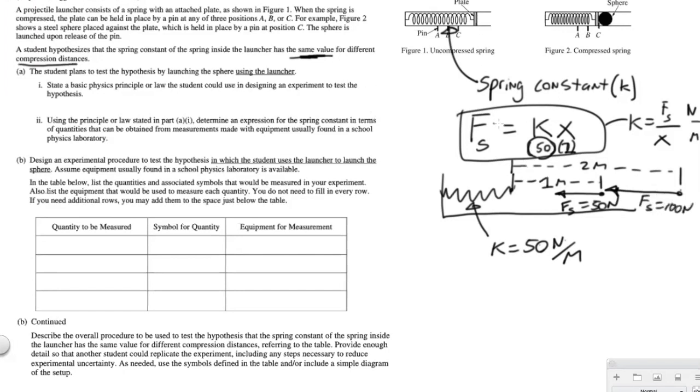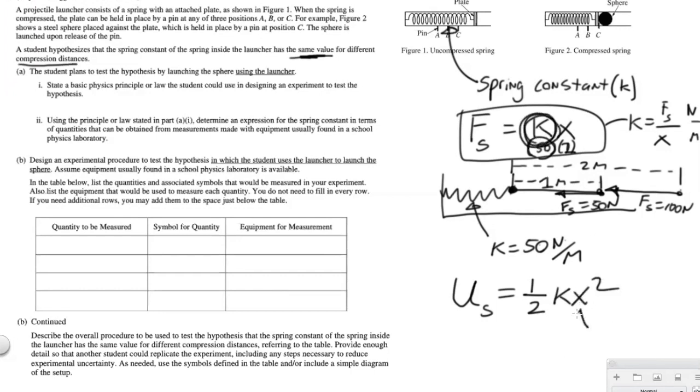Now, the other equation that involves spring constant is energy in a spring. If you grab a spring and you stretch it, there's going to be energy stored in that spring, and we call that potential of spring, where U represents potential energy, and the equation for that is 1/2 K, which is the same K as up here, X squared.